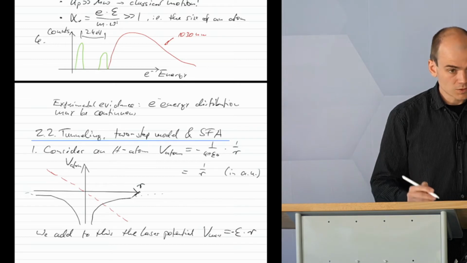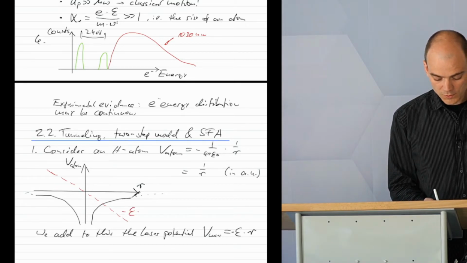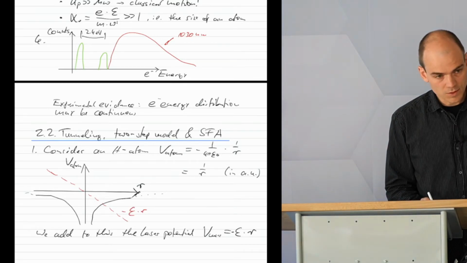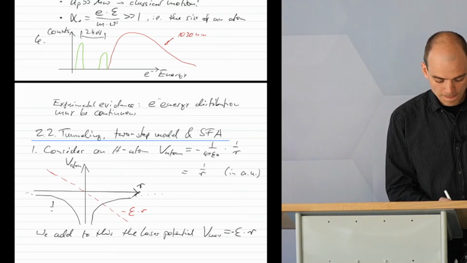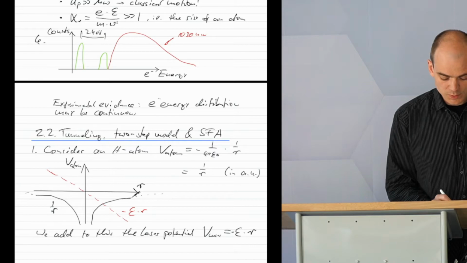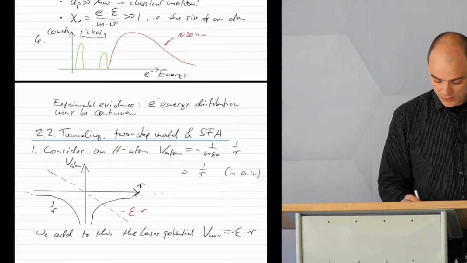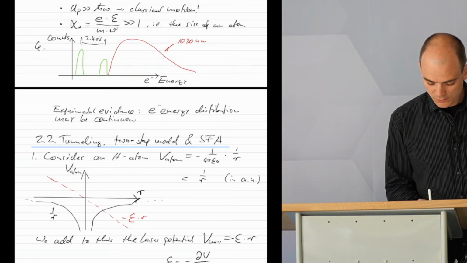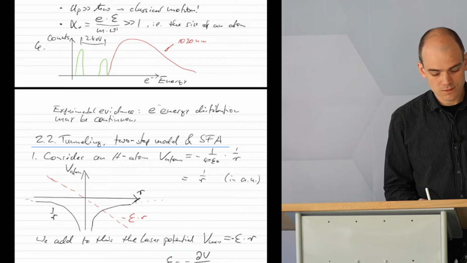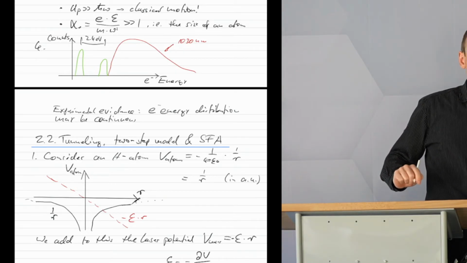It's like a dipole. Or sorry, what's that? The potential of the laser field. Why is it like that? Okay, the definition of a potential is that you can write the electric field as minus dV over dr. And if you plug this in, this is what you get.